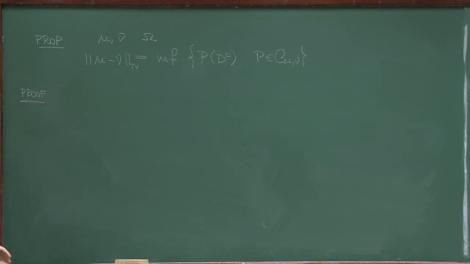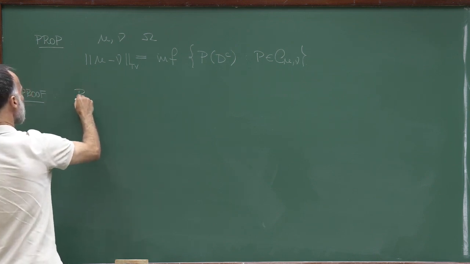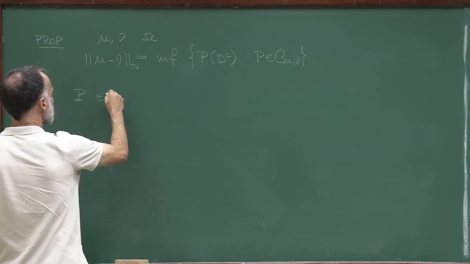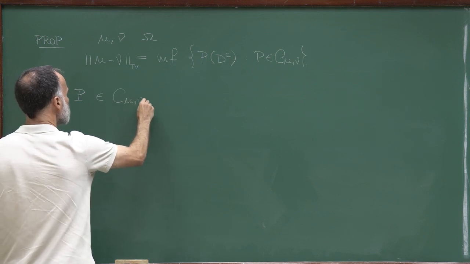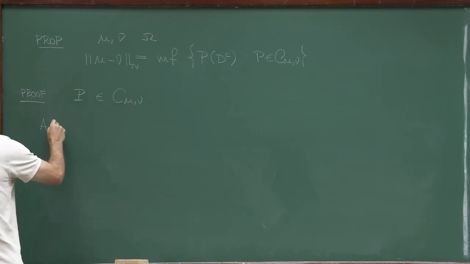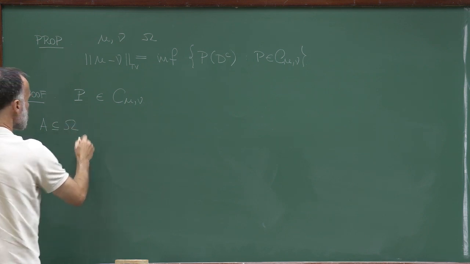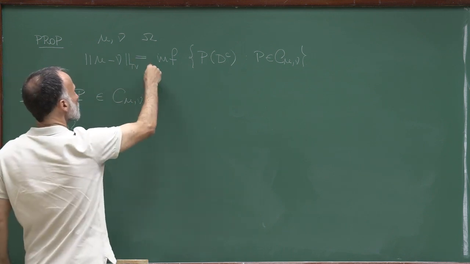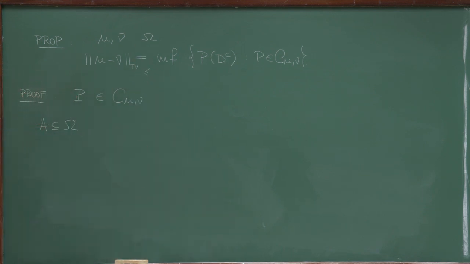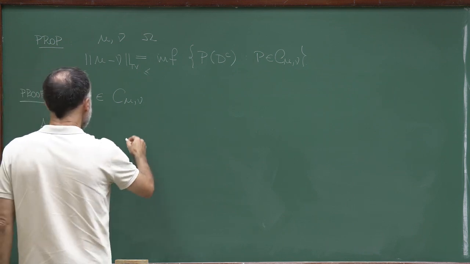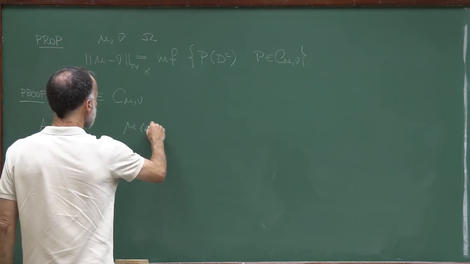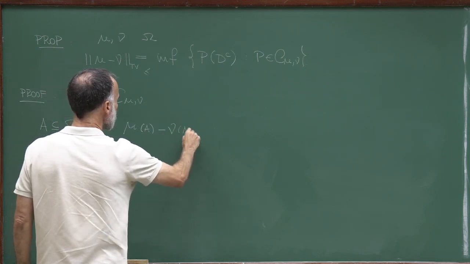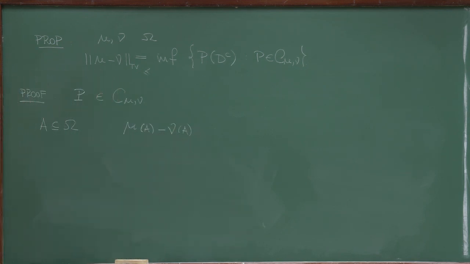is as follows. I will first fix P, which is a coupling between mu and nu, and now fix a subset A of omega. What we will prove is actually that this total variation distance is less than or equal to this infimum. So let me fix a subset A of omega, and let's consider mu(A) minus nu(A).